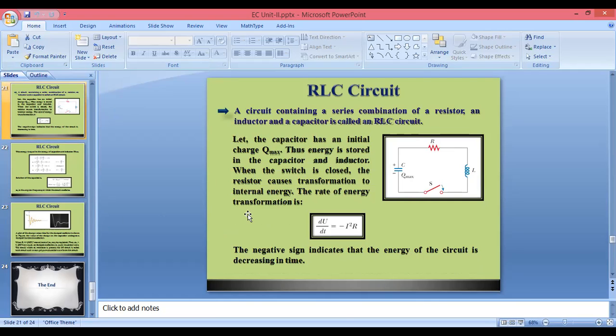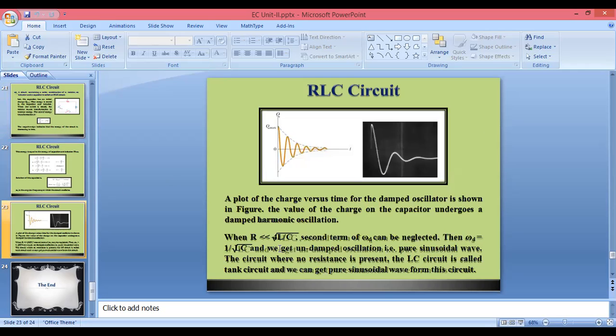But when we close the switch, at that time a resistor causes a transformation of energy, and the value of charge will decrease. It means in the RLC circuit the output is oscillating, and the peak amplitude of these charges will decrease.